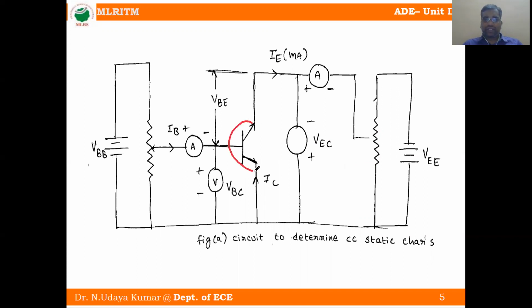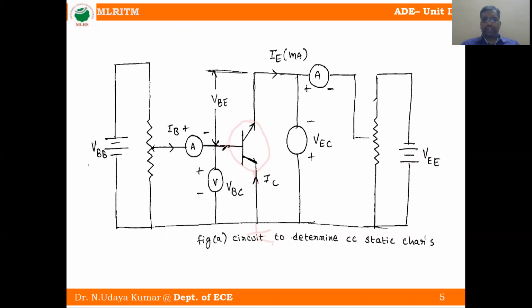This is the transistor symbol. In any circuit there is a common ground, one terminal. Here the collector is common to ground. This is the emitter terminal, this one is the base terminal, and this is the collector terminal.